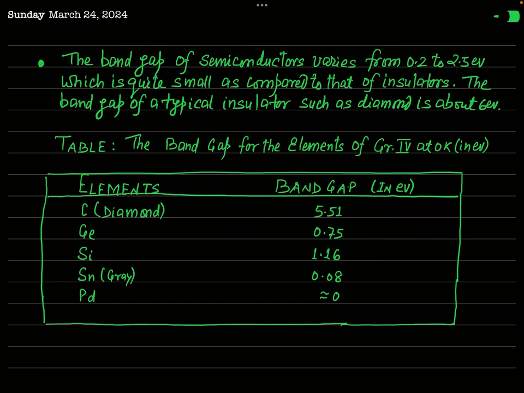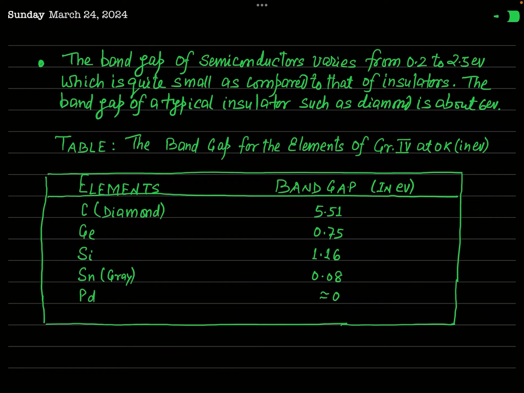And you have seen that the band gap in a solid differentiates materials on the basis of electrical conductivity, because the electrical conductivity of a material depends on the band gap.